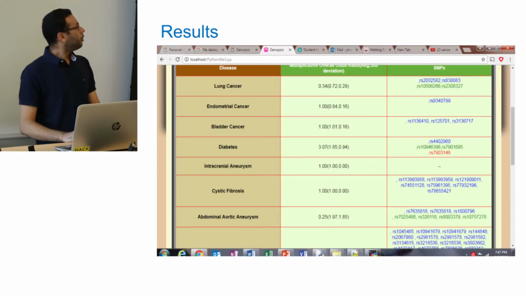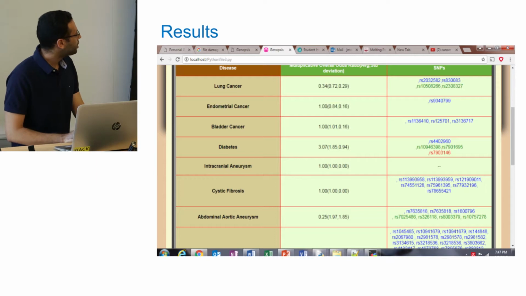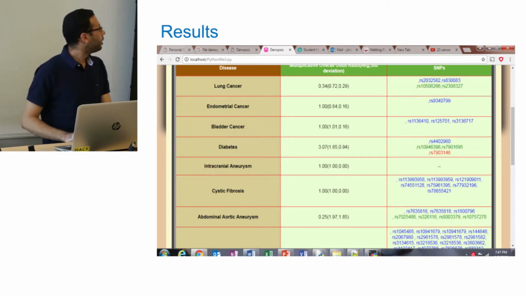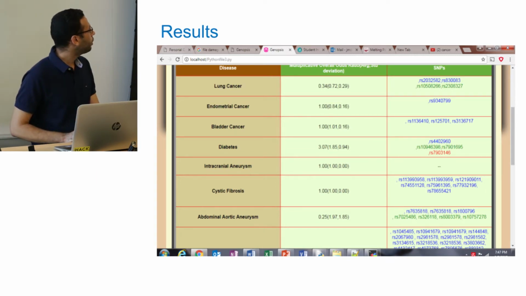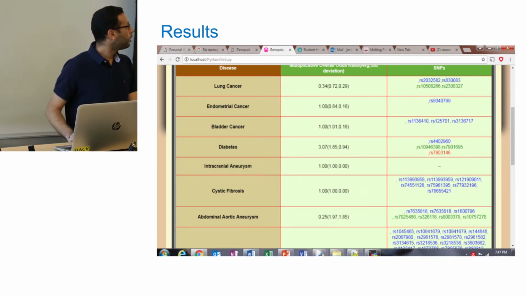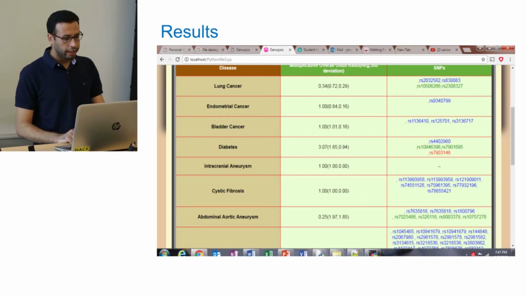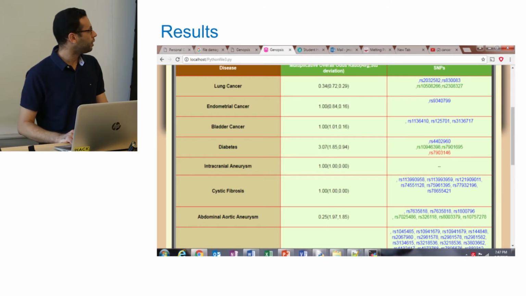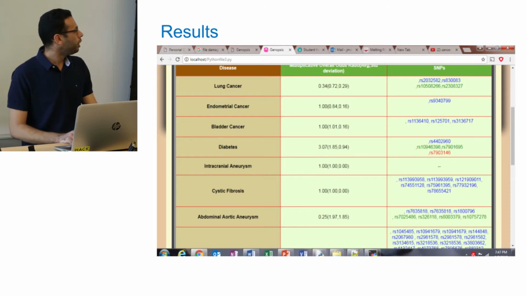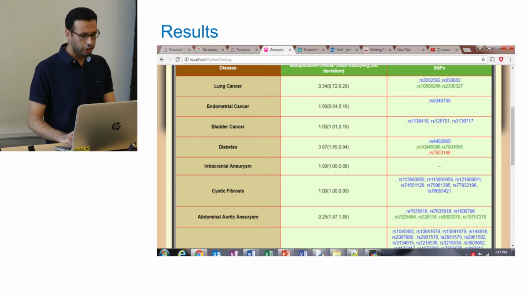In this slide, we have some results. As you can see on the left side, we have different diseases. In particular, we focused on cancer diseases. In the second column, we have the odds ratio, the value we calculated. And between parentheses, we have the average and the standard deviation.